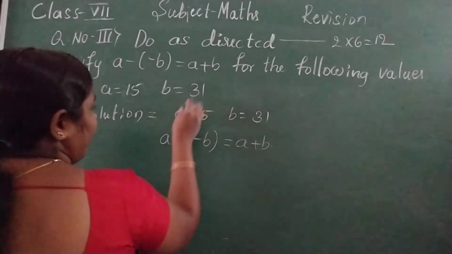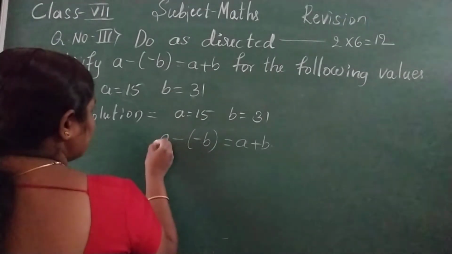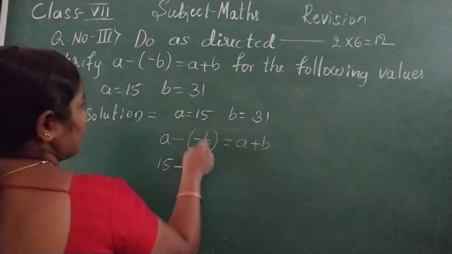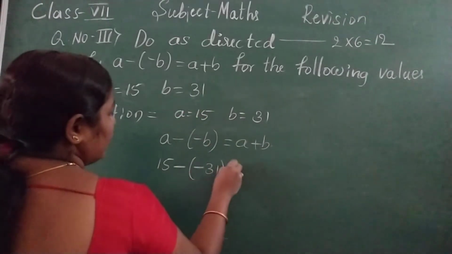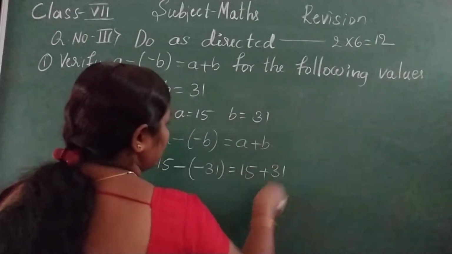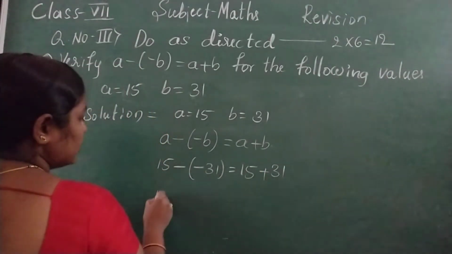So put the values in A and B. What is A? A is 15, minus B is 31. So here what is A? 15 plus 31. Okay.